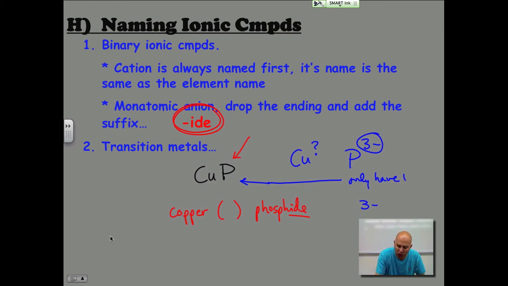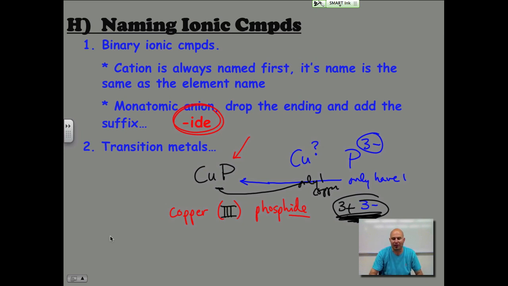Now, how many coppers do we have? Well, we only have one copper as well. Since we have only one copper, it must be a 3+. Why must it be a 3+? Because that 3+ and 3- must cancel off. So the Roman numeral in this case is copper 3 phosphide.